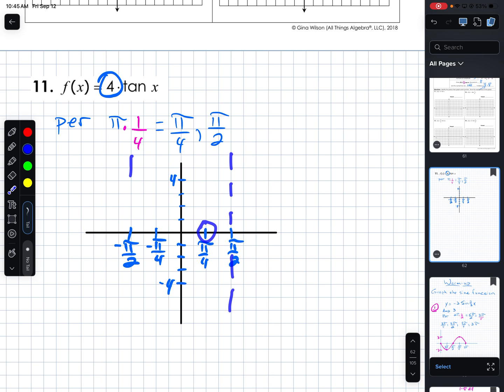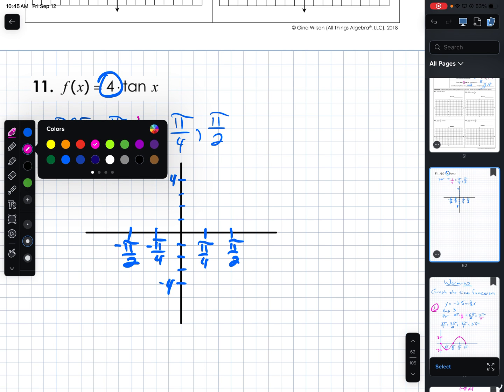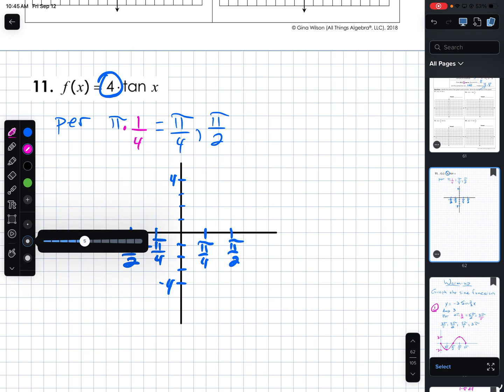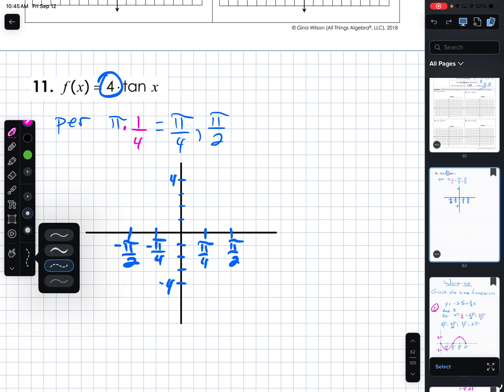So dotted line at negative pi over 2 and positive pi over 2, which I will draw in. I think the asymptote should always be dotted personally, but honestly, it doesn't really matter.